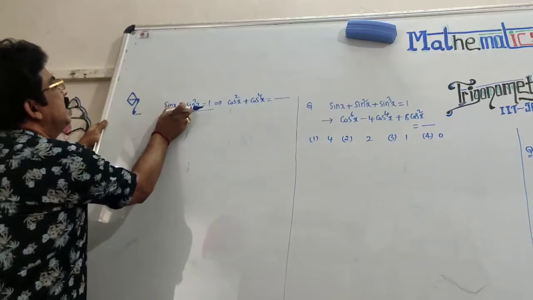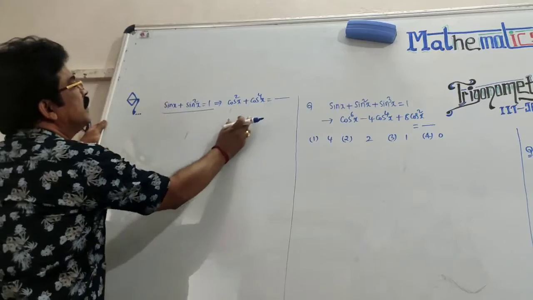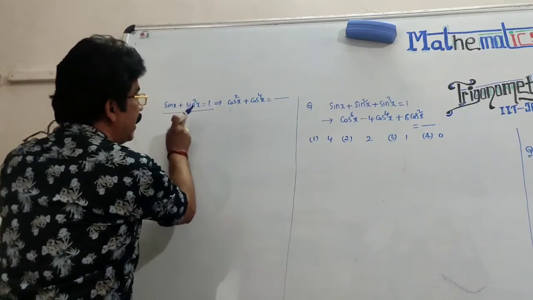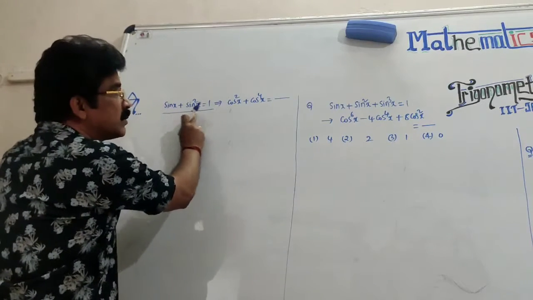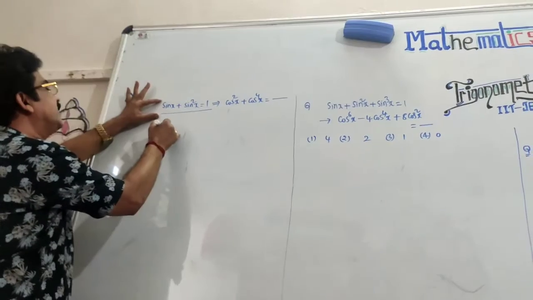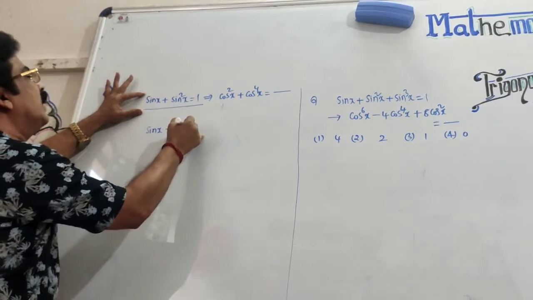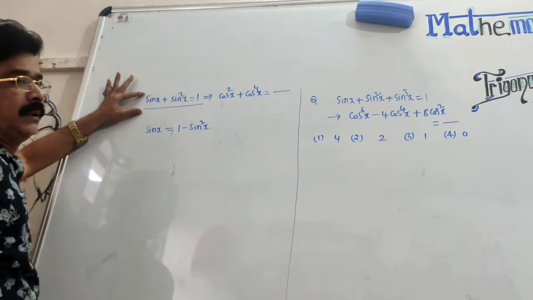Next point. In the question, the given equation is in terms of sines, but the question is in terms of cos alone. Remember, we have to change this in terms of cos. This is the reason, because the question is in terms of cos. So, sin x is equal to 1 minus sin square x.